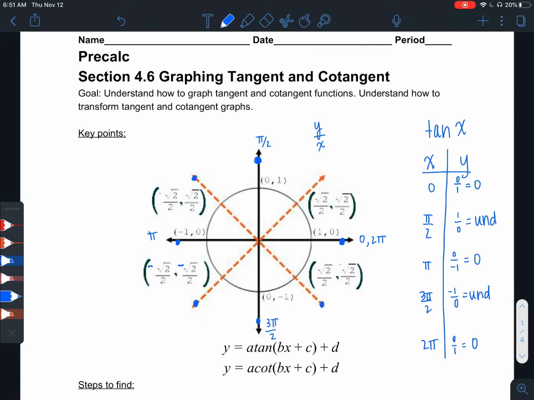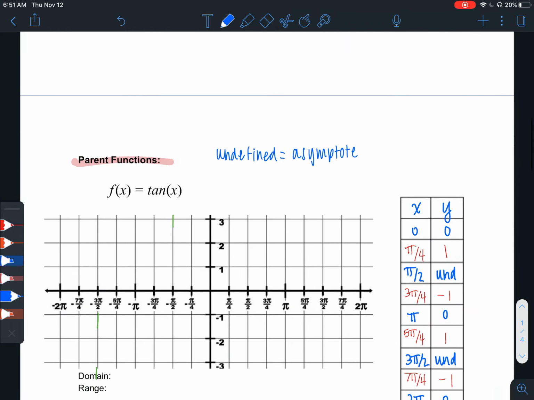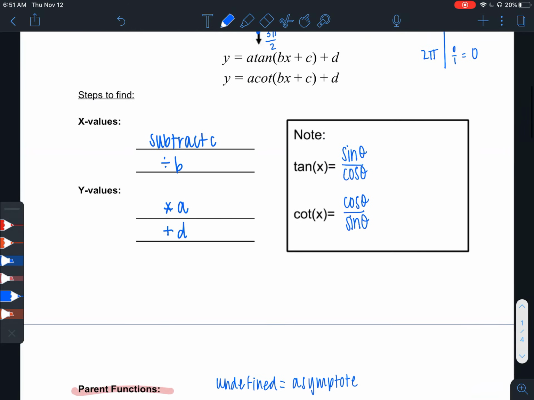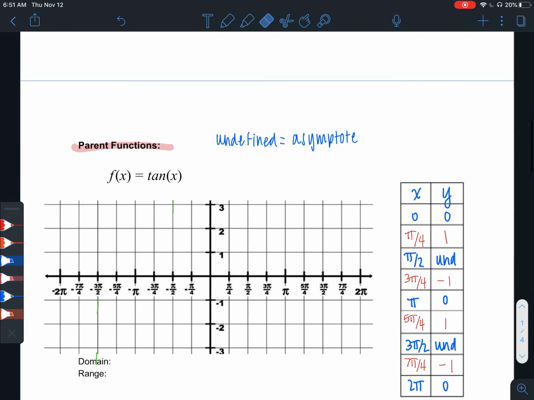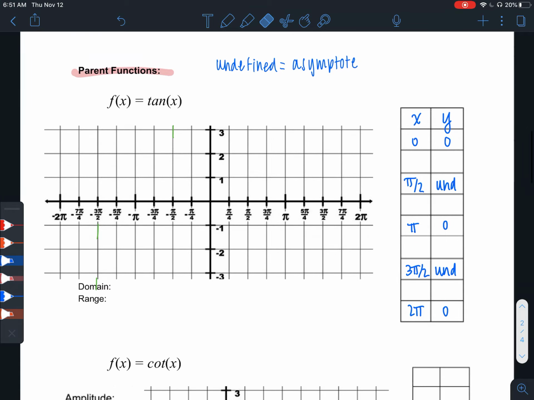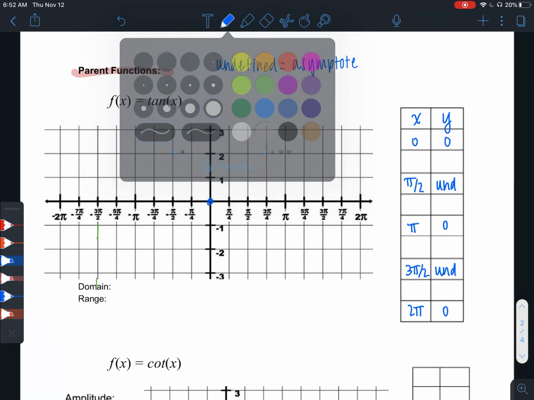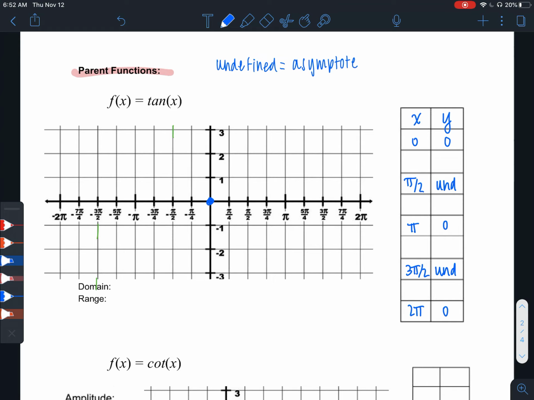So I'm going to go ahead and come down here and show what it would look like if we graphed those values. So we've got the same thing as we had before. So (0, 0). Pi over 2, undefined.